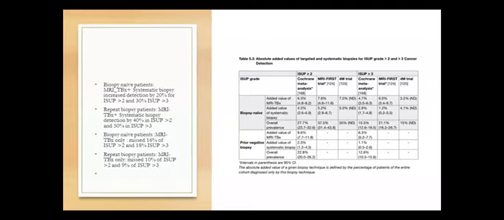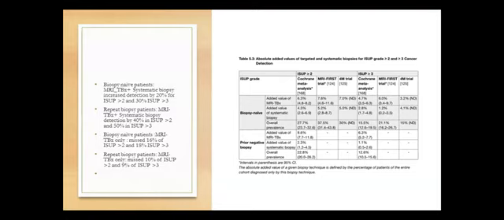And then for repeat biopsy patients, the MRI biopsy and systemic biopsy detected 40% in ISUP grade 2 patients and up to 50% in the ISUP grade 3 population.